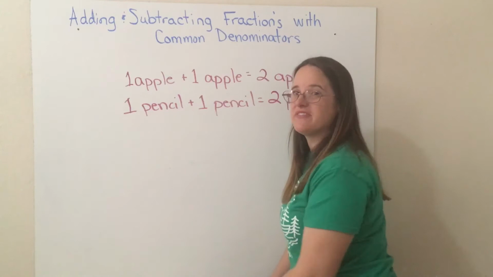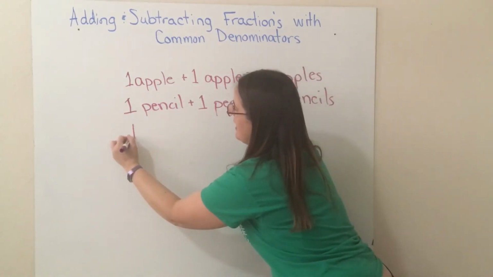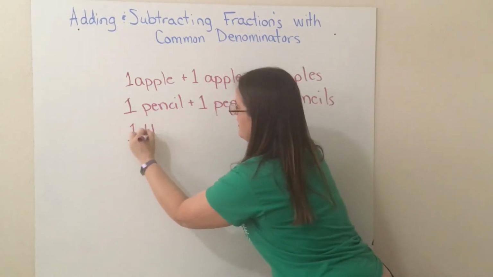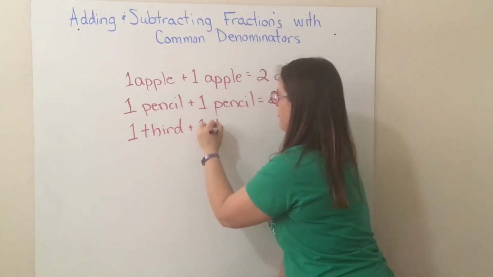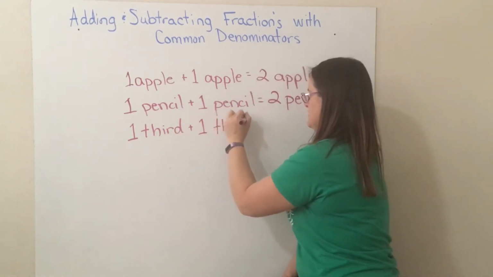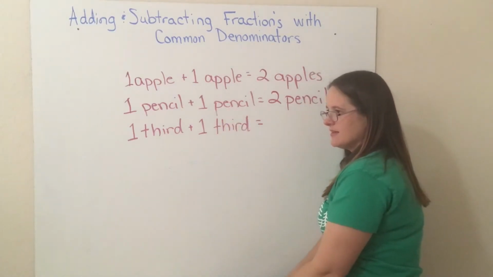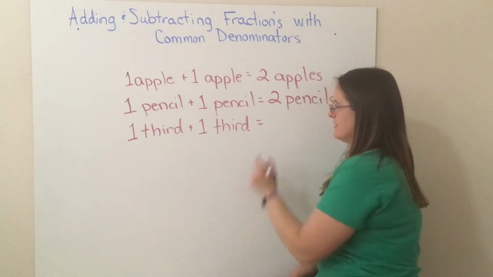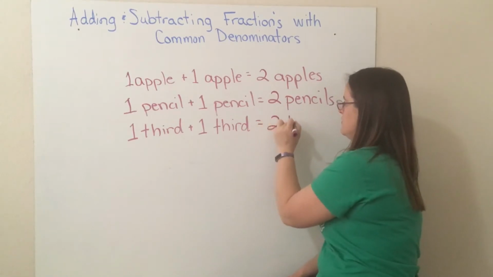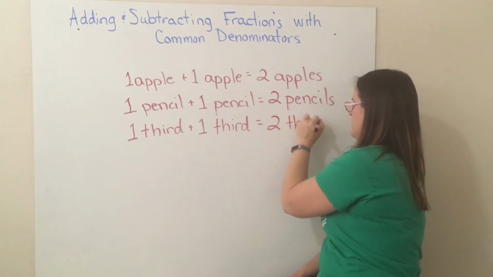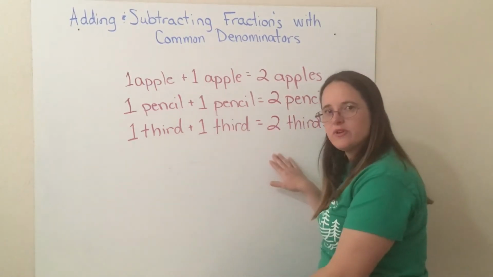Okay, now what if I change it to fractions? Now, can you tell me what 1/3 plus 1/3 is? It's the same. The label is different, but the number is the same. 2/3. 2/3. Okay, so here I wrote it with words.